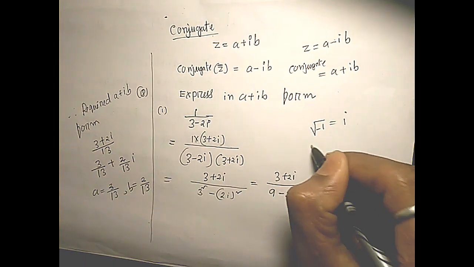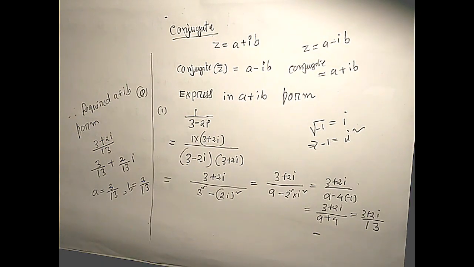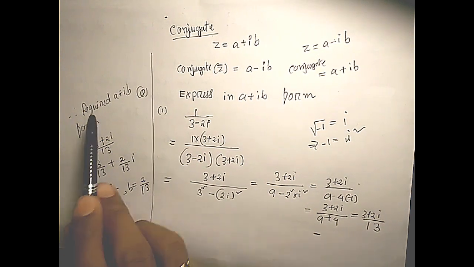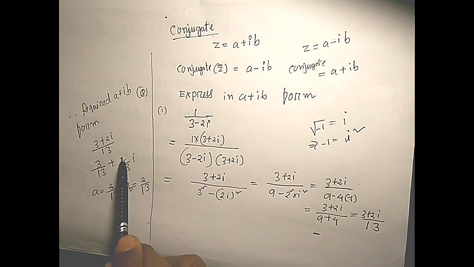Root over minus 1 equals i, so i square equals minus 1. So i square can be replaced by minus 1. So 3 plus 2i divided by 13. So a equals 3 by 13, b equals 2 by 13.